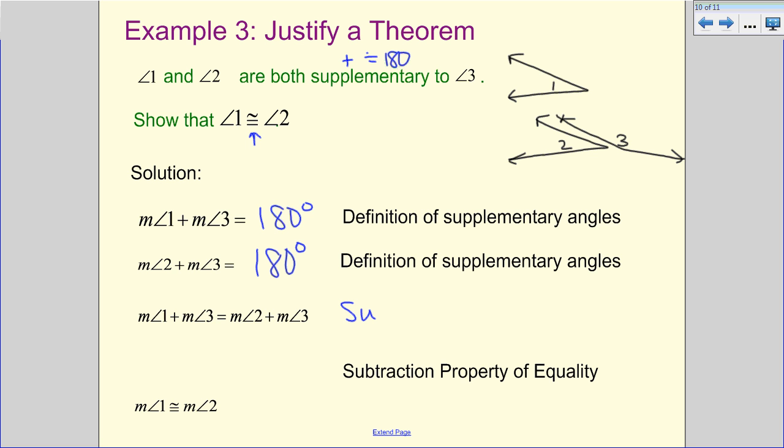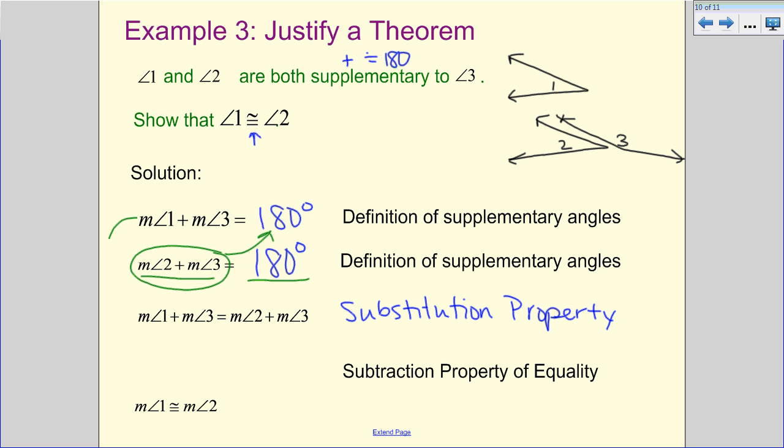Okay, we can use that substitution property. And what we just did there is because angle 2 plus angle 3 equals 180, I took angle 2 plus angle 3 and substituted in for that 180. So we're taking this sentence here and plugging that in for 180 and putting it there.